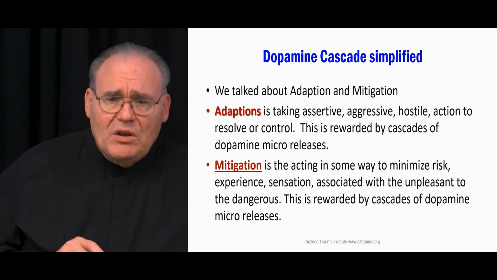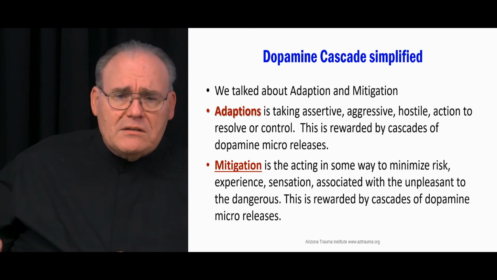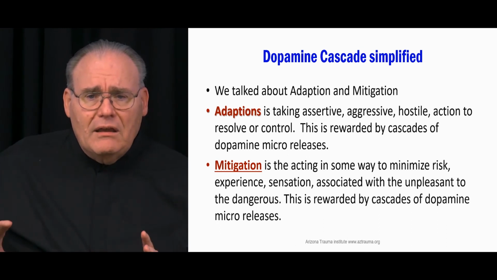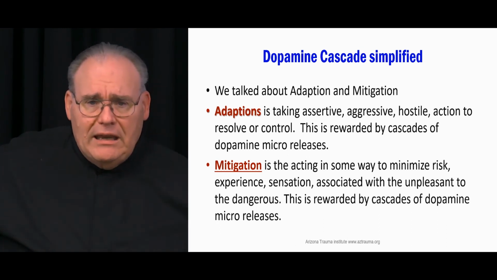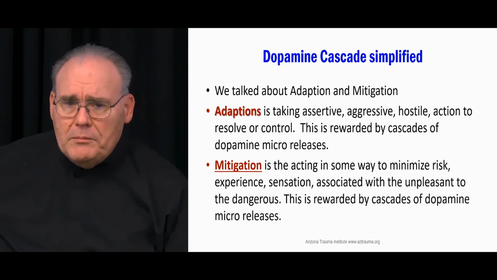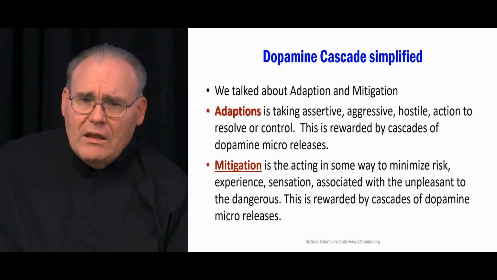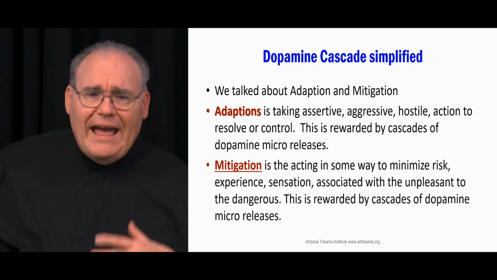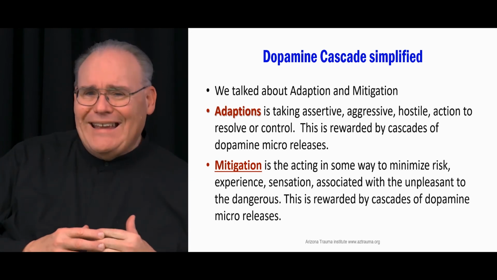Mitigation is acting in some way to minimize risk or to reduce our experience of something or a sensation, anything that's associated with being unpleasant or dangerous. And when we mitigate, this is rewarded by dopamine cascades or those micro-releases. So depending on what your habit of interacting, some people are going to be more adaption-oriented.